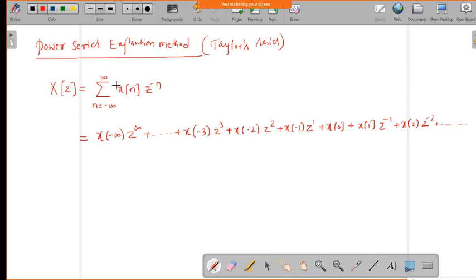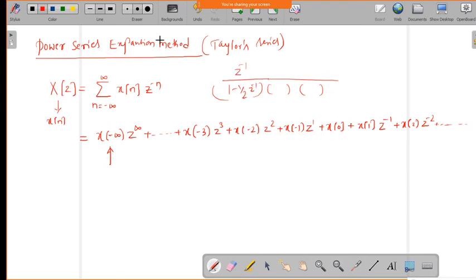Now each and every coefficient, or each and every amplitude, we can write in terms of the z power. So this will give you the complete X(z), right? This equation gives the coefficients, so we can directly find out x(n). Otherwise, if we have a polynomial ratio with more roots, it is very difficult to express.